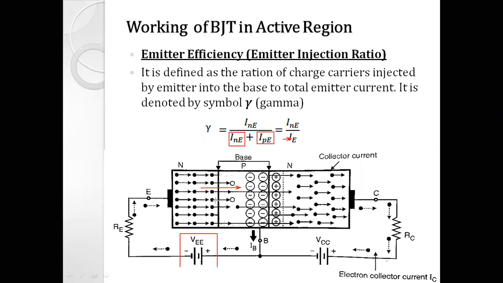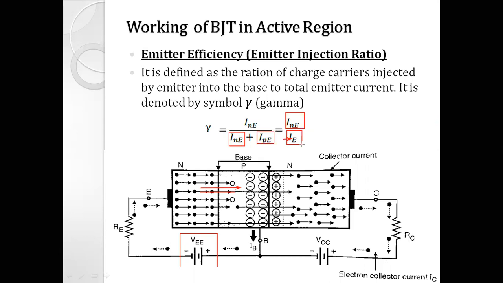So the current due to injection of electrons from emitter to the base region is INE, and the net emitter current is IE. So the ratio of these two currents is known as emitter efficiency, that is, emitter injection ratio.